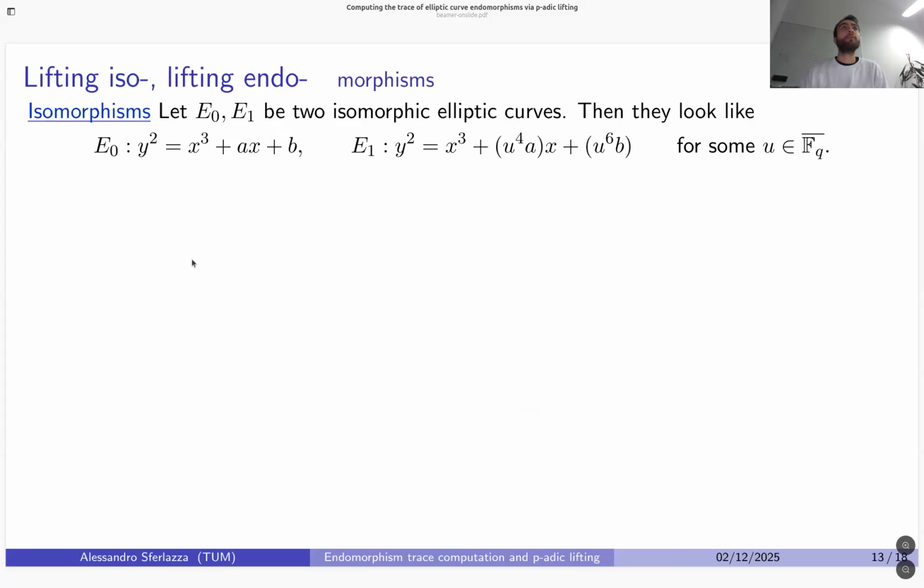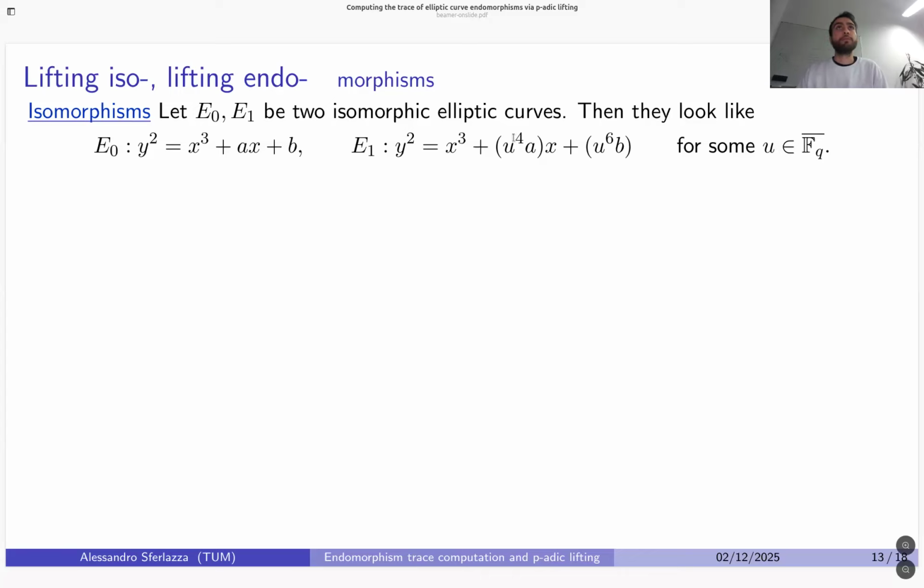Okay, there are some more details to cover. That is, what happens when we have an isomorphism between two curves over a finite field? Can we lift that? We know that whenever we've got two curves, let's say in short Weierstrass form, then the coefficients of one are rescalings of the other by powers of a certain isomorphism factor, let's say some u.